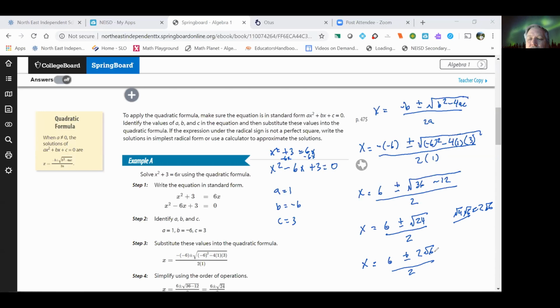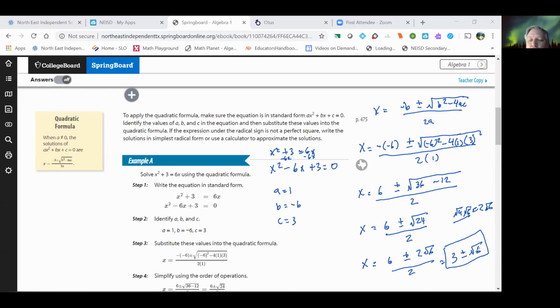Remember, this is 6 over 2, which is 3. And 2 times the square root of 6 over 2 is the square root of 6. So it's going to be 3 plus or minus the square root of 6. So that's going to be our answer right there. And then, of course, we would put that into the calculator to get our 2 answers.